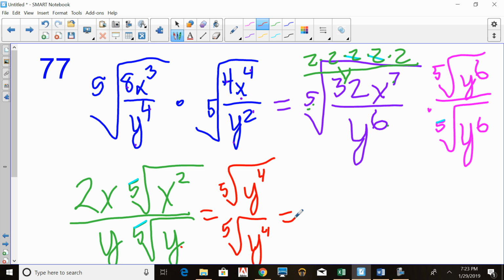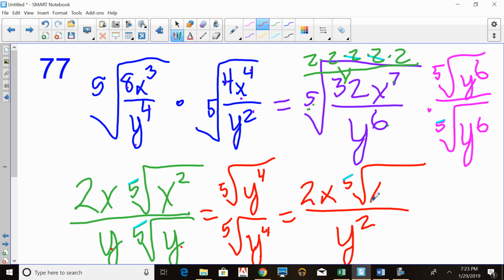So denominator-wise, you've got a y, and you've got y to the fourth, which is y to the fifth, and the fifth root of y to the fifth is y, which there's already a y, so y times y is y squared. And then we have 2x, and the fifth root of x squared y to the fourth. And then here's our final answer.